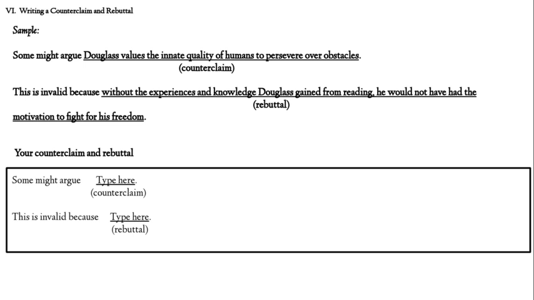And you want to make sure you state that it is invalid, because without the experience and knowledge Douglas gained from reading, he would not have had the motivation to fight for his freedom. And so you're going to use those sentence frames as well to boost up the counterclaim and rebuttal, to make them more precise. I'm going to give you about 10 minutes to do so.